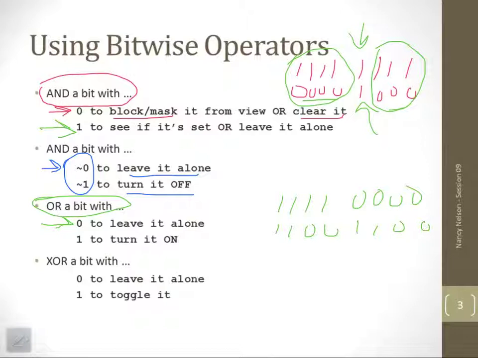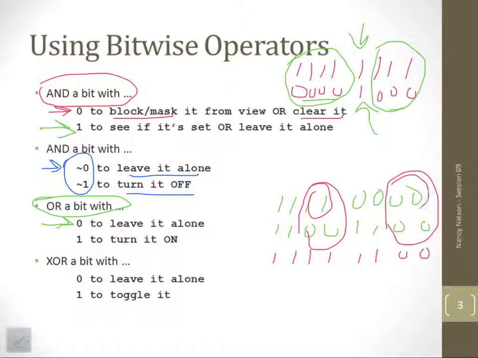So the bits that are ORed with 0 stay the same. So if we're doing an OR here, these two, when we ORed it with 0, stayed the same. And the ones that were ORed with a 1, we made sure they were turned on.